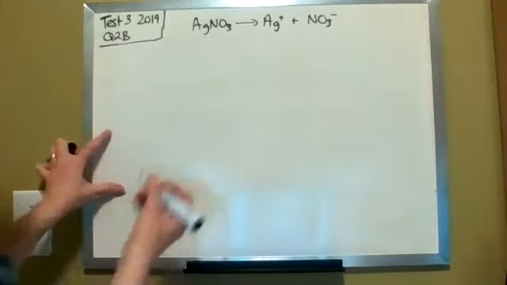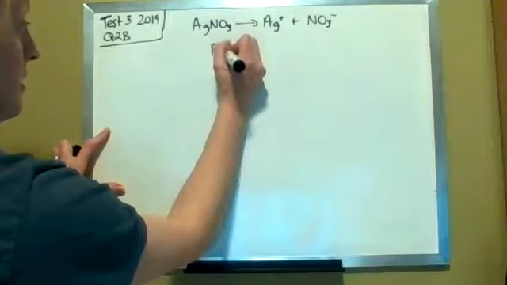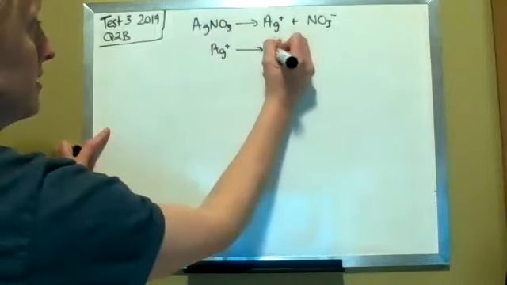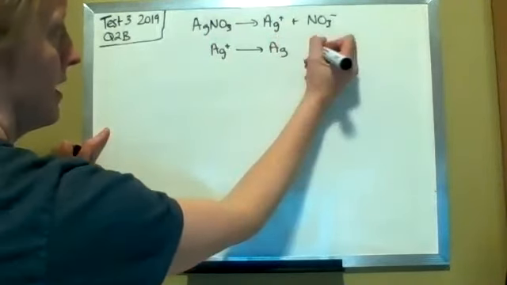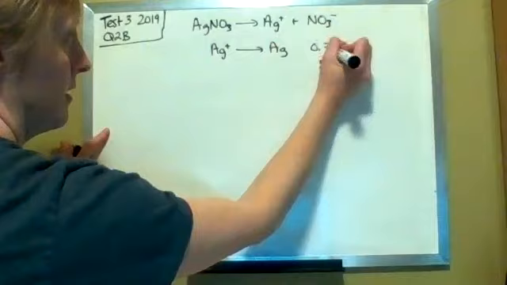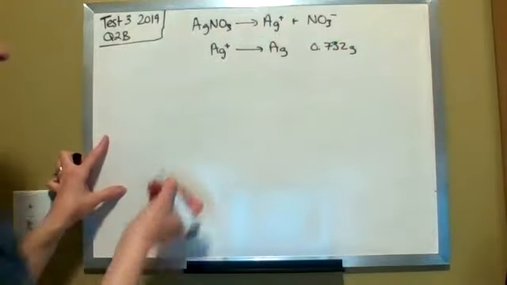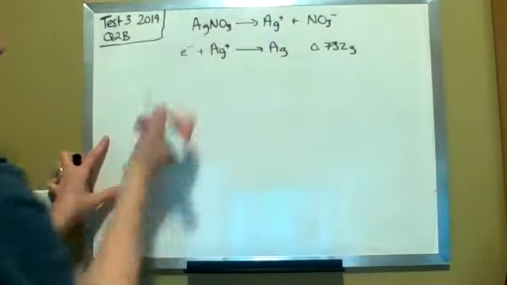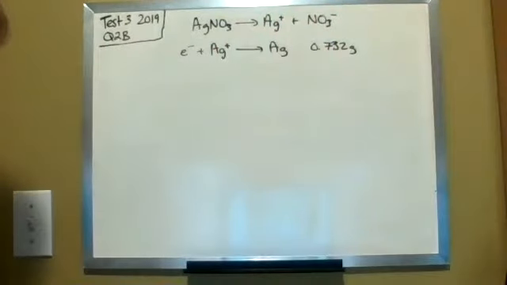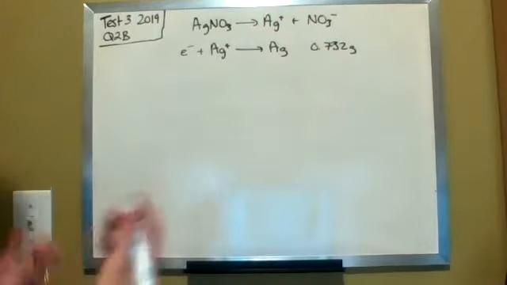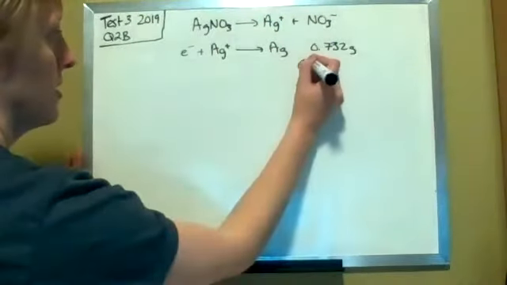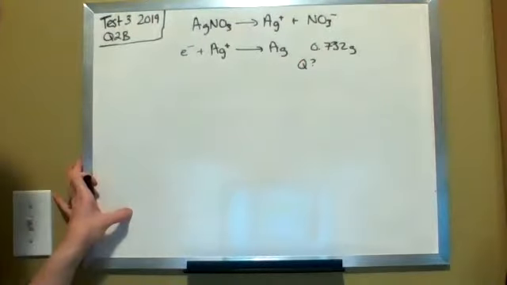So the reaction occurring is silver plus going to silver, and we're making 0.732 grams of solid silver. We can balance this reaction just by adding an electron. You're told it takes a certain quantity of charge, and we don't know what that is.